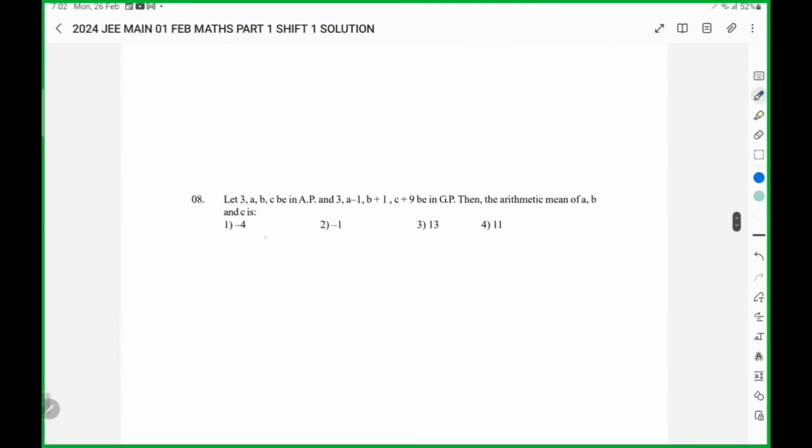Here 3, a, b, c are in AP, which is c minus b. These are in GP, b plus 1 by a minus 1, b plus. So what he's asking, arithmetic mean of a, b and c. That means here we have to find out a, b, c values from here, taking these two.